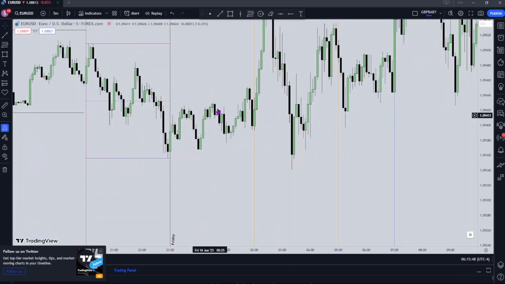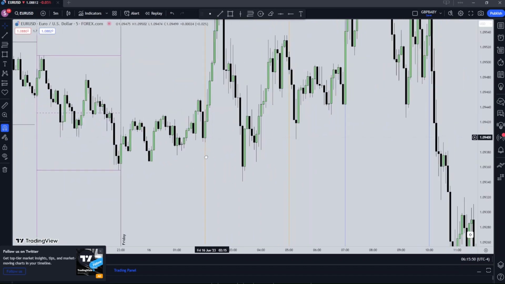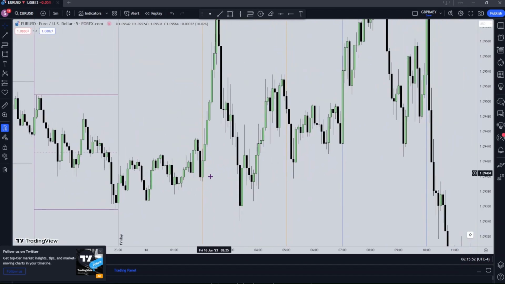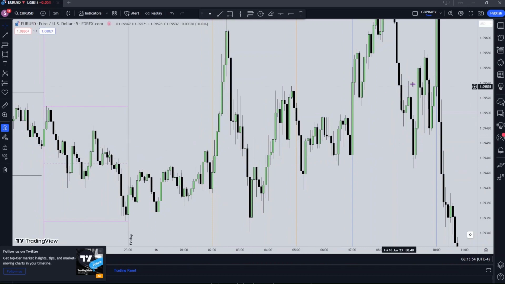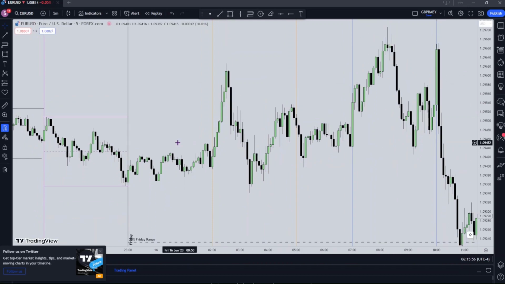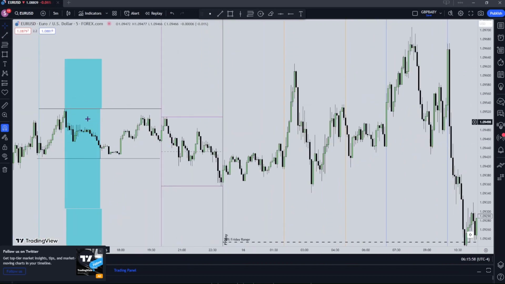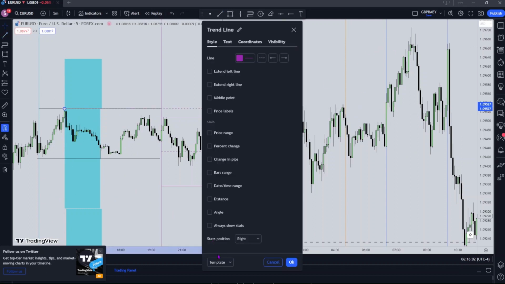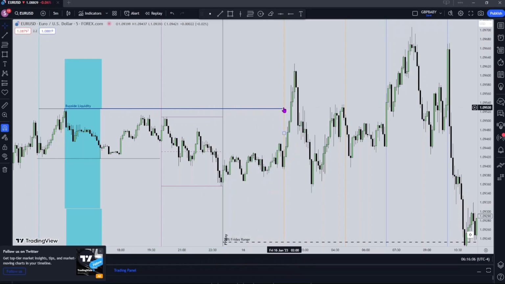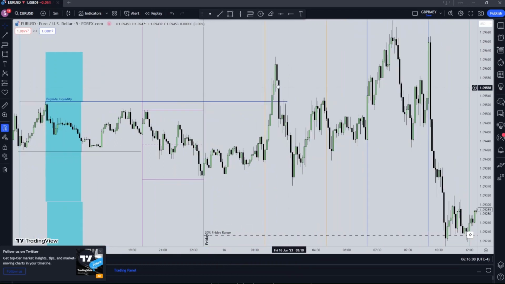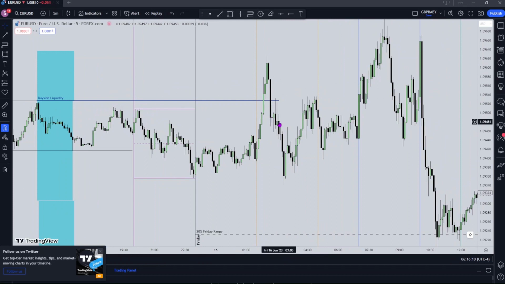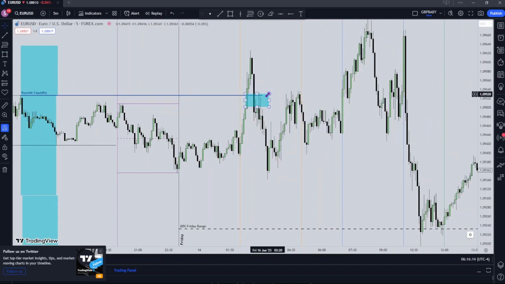So you can see we consolidate. We trade much higher as we enter into the London range, taking out relatively equal highs here. And then we have a breaking structure as we trade back down with an inverted fair value gap here.